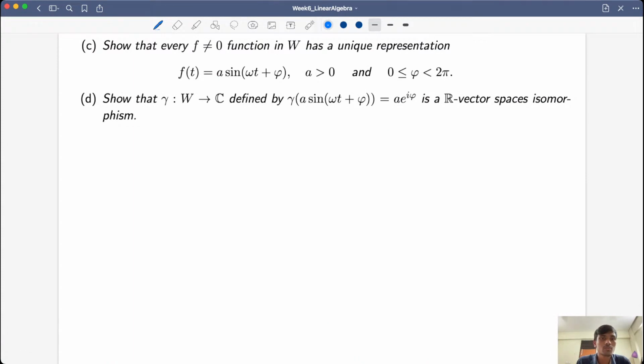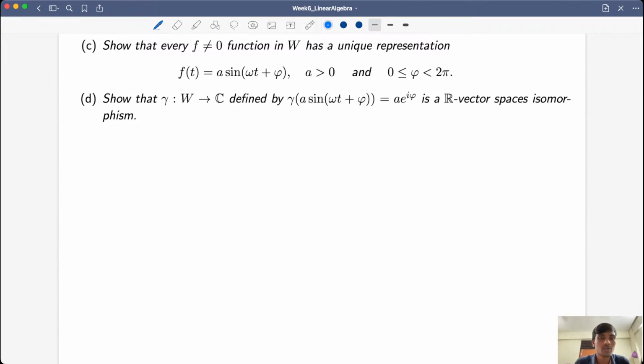So if you have a similar function, any function f in W, then you don't need to vary your a and phi over the whole R, but each element of that is uniquely written as a sine(omega t plus phi) for a positive, and phi between 0 and 2 pi, 0 included, 2 pi excluded.